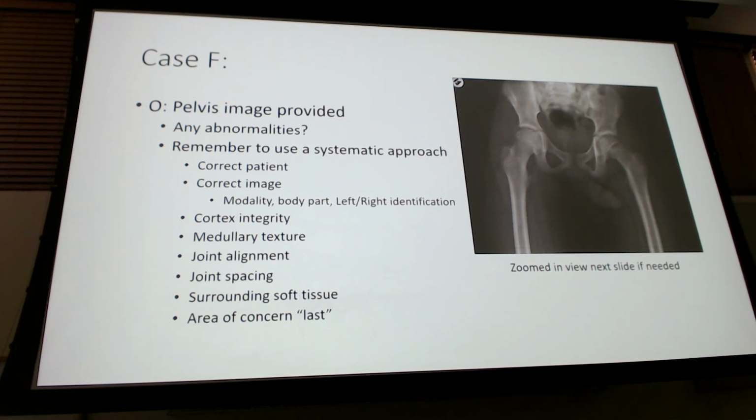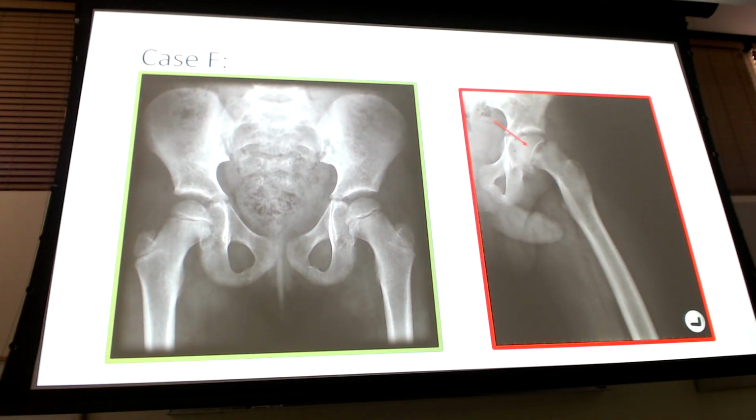If I tell you which hip, then you go to the shiny toy. Big red arrow. Go for it.